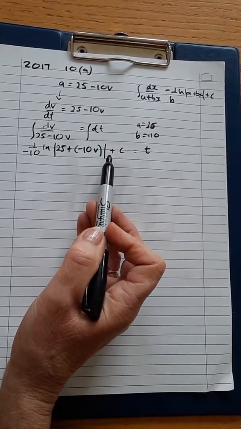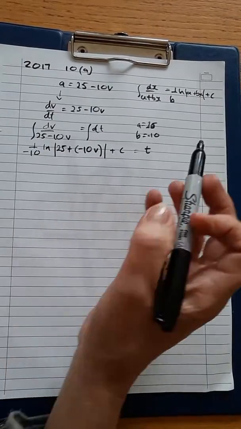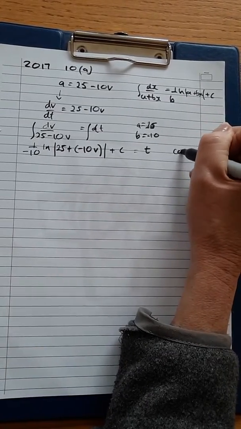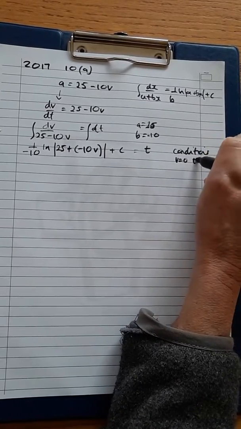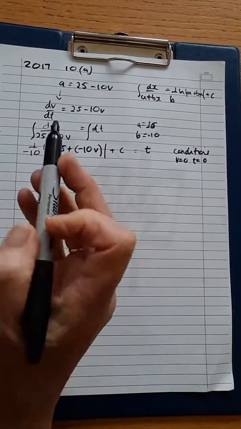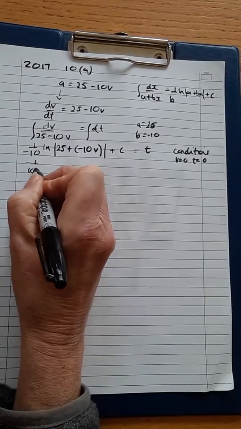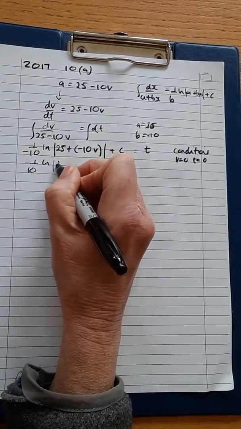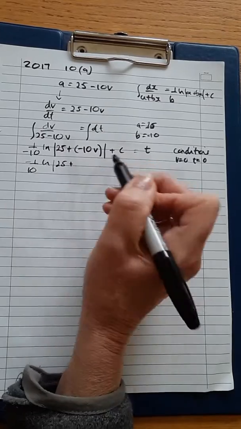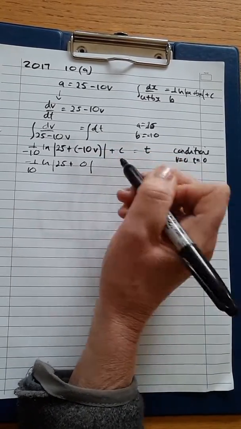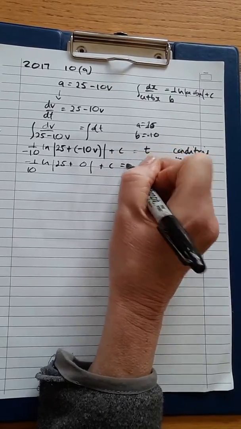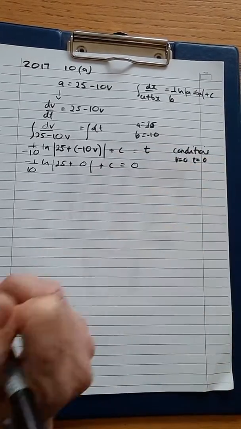So let's find the constant of integration. My initial conditions are, of course, that the particle starts from rest. So the v is 0 at time 0. If I put those in here, look what happens. I get minus 1/10, the ln of 25 plus minus 10 times v, which of course is 0, plus c, and that's going to be equal to 0 because t is 0.